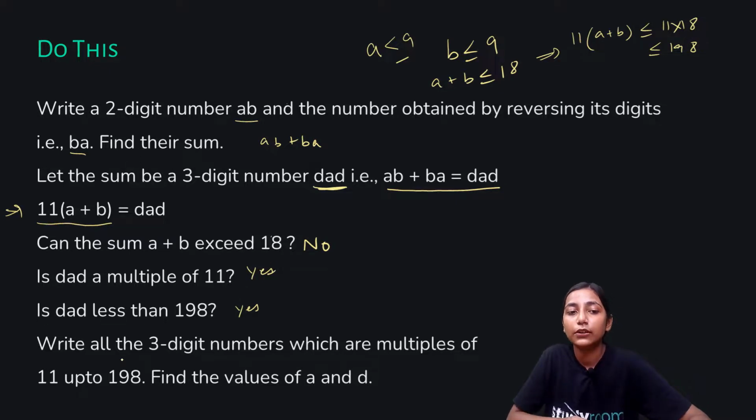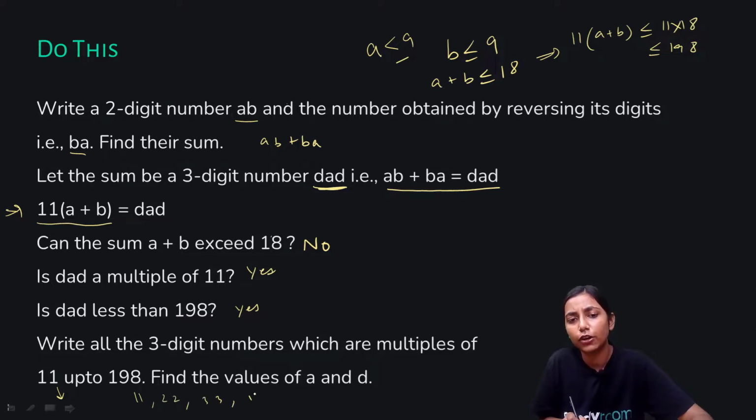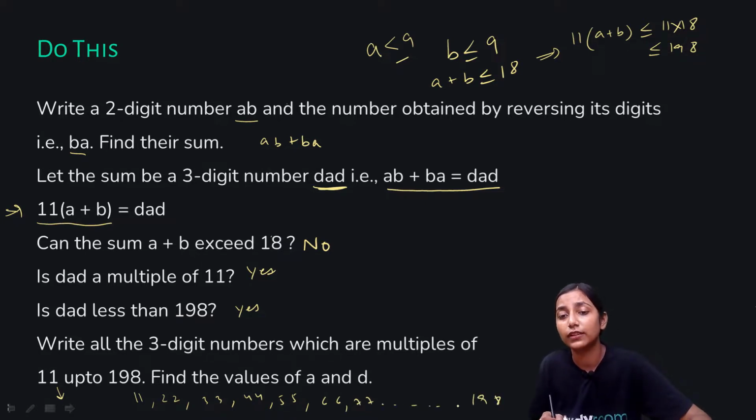And further, you are asked to write all the three-digit numbers which are multiples of 11 up to 198, and then find the values of A and D. So I'll write some and you write the rest: 11, 22, 33, 44, 55, 66, 77 and so on till 198. You have to fill this and then check the values of A and D in those cases.